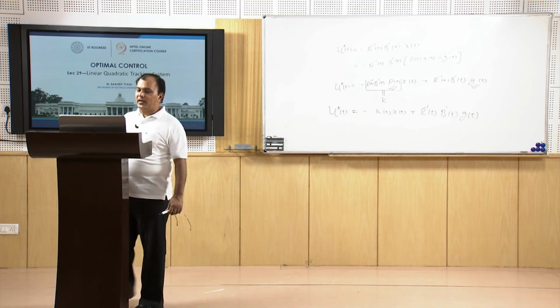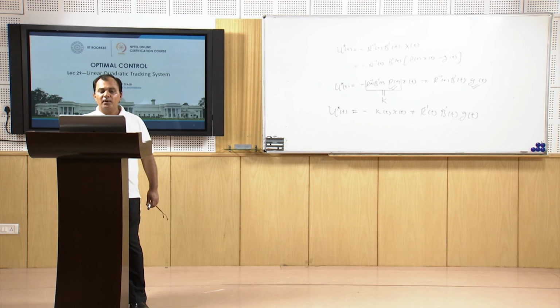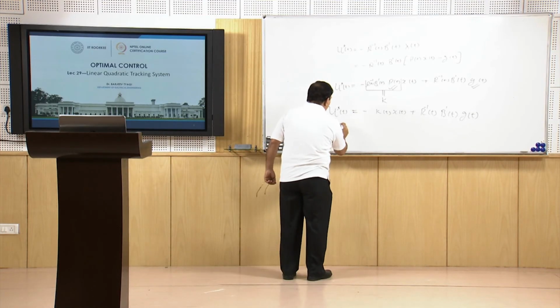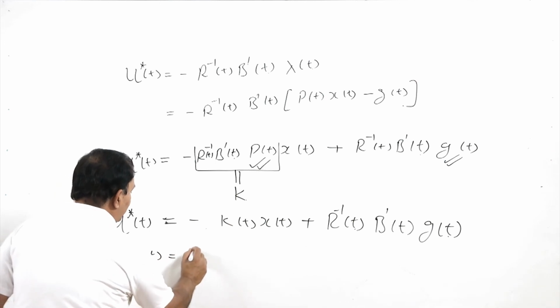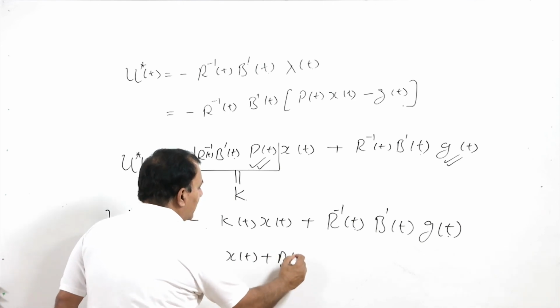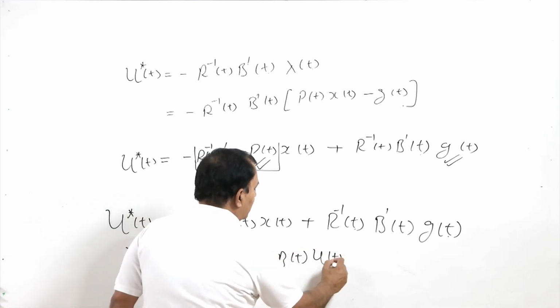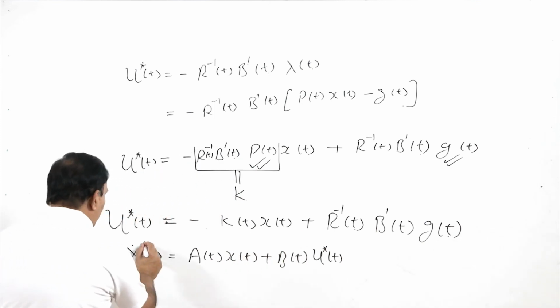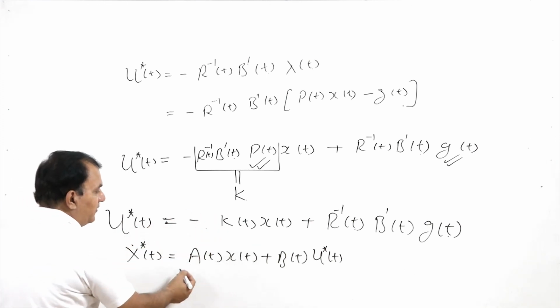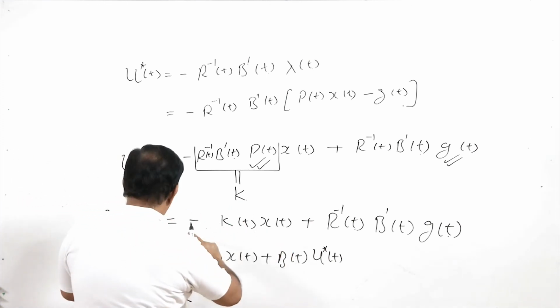So, in this way I can obtain the optimal control law u t as minus K t x t plus R inverse B prime G t. If I replace u by this in the equation x dot t as A t x t plus B t u t, this optimal u gives me the optimal state, and I get u in terms of x.